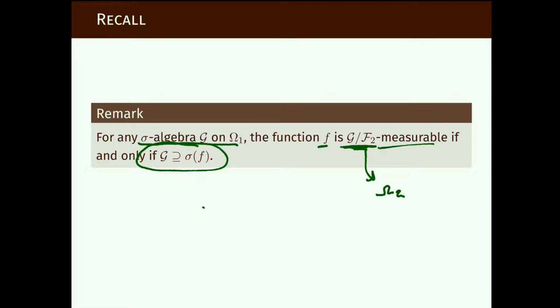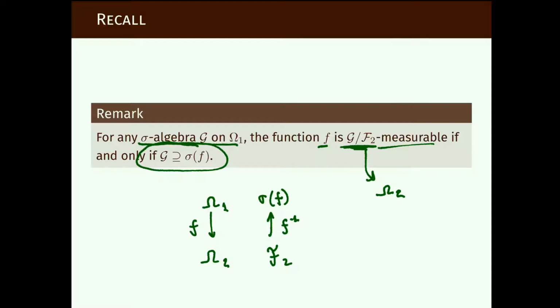So again, let's do the diagram again. If we have omega 1 and it has a map to omega 2 by a function f, and omega 2 has a certain sigma algebra F2, then we can do the pullback of the sigma algebra F2 and get the sigma algebra generated by this function f.